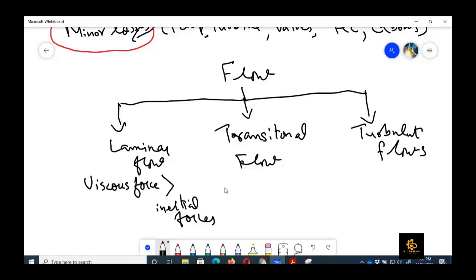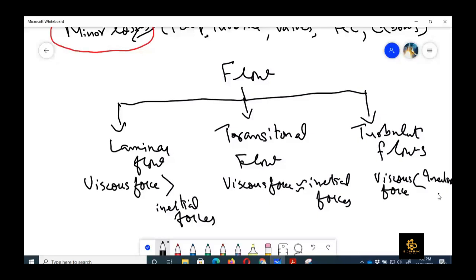In transitional flow, viscous forces are comparable to the inertial forces. And in turbulent flow, viscous forces are quite a bit less than inertial forces. Right? In transitional flow, there is some random motion, but it reverts back to laminar flow because sometimes viscous forces are dominant, and at other times inertial forces are dominant.